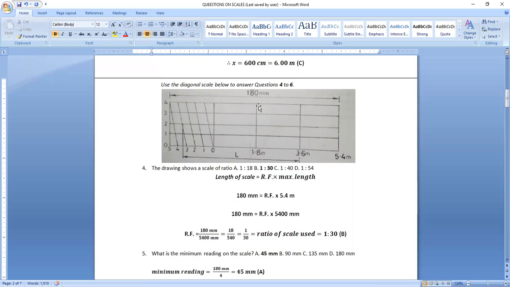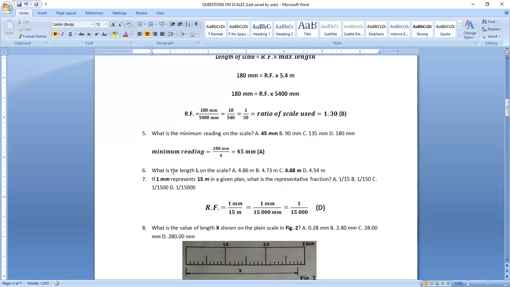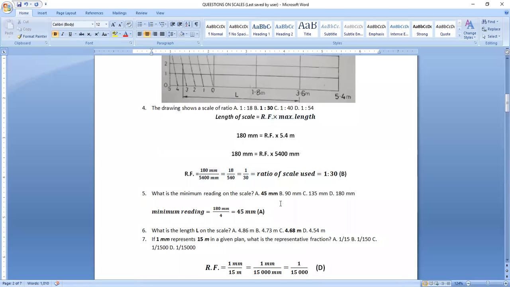Dividing 180 millimeters by 4 gives us 45 millimeters, which makes option A the answer. Now question 6: what is the length L on the scale? The length L on the scale is 4.6 meters.